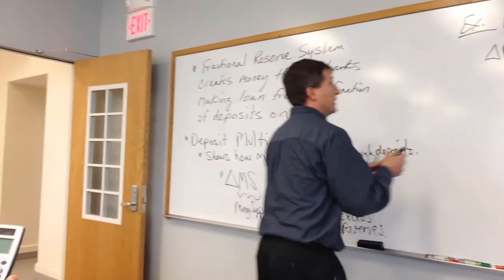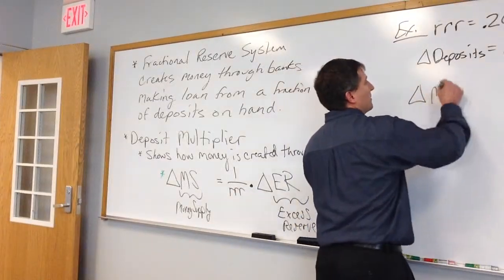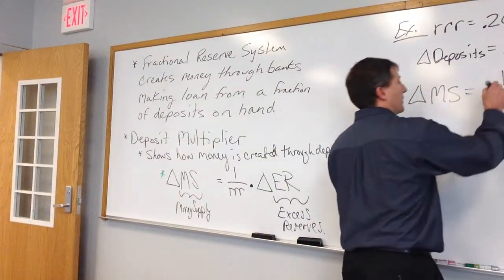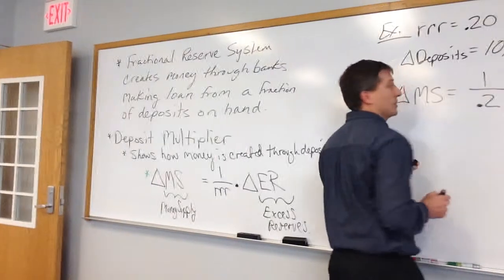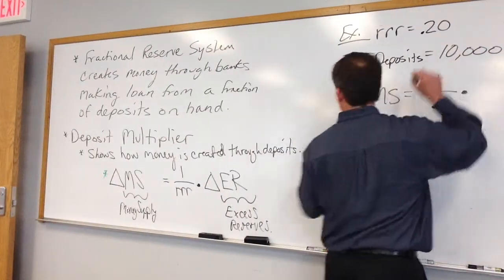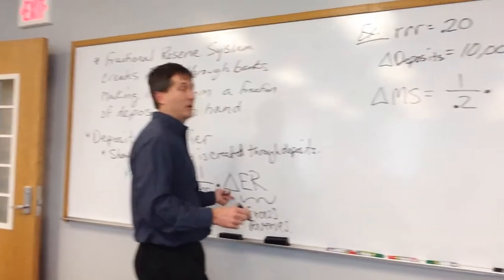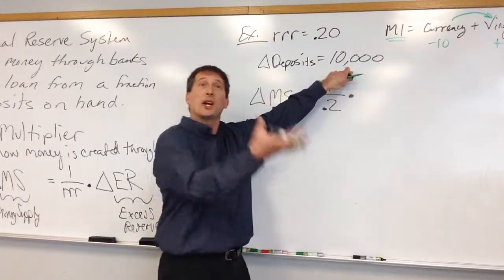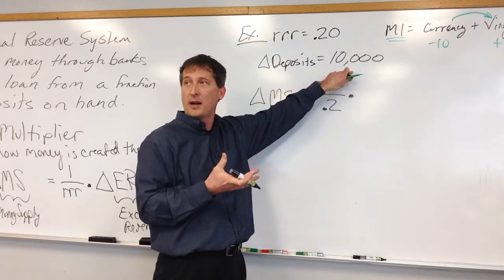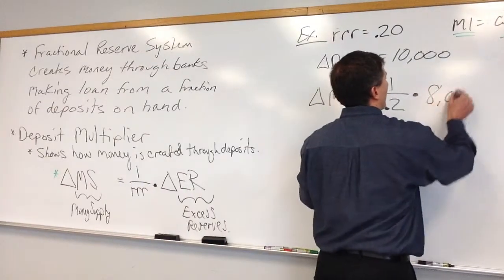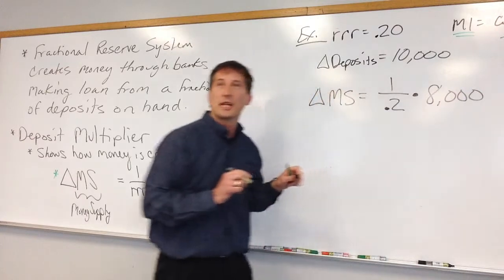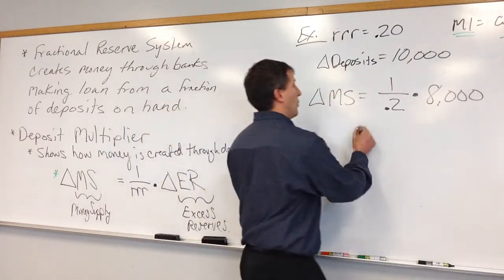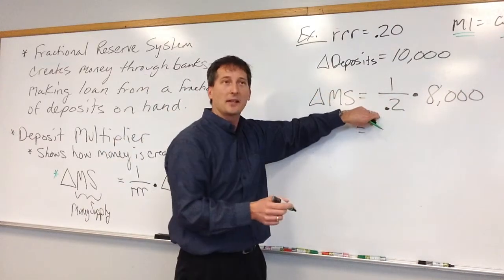Okay. If we follow this formula here, the change in the money supply is equal to 1 over the required reserve ratio, which is 0.2, times the change in excess reserves, which went up by 8,000. From that deposit, we generated the ability to loan some money out, right? And so that amount of excess reserves was 8,000. 1 over 0.2 is like 2/10.